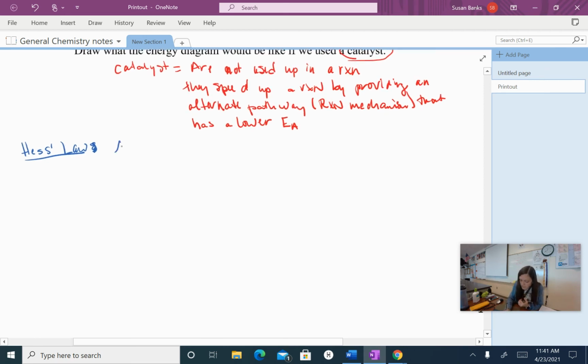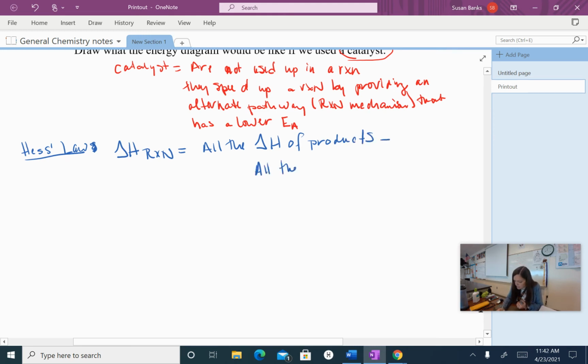So the delta H, or the enthalpy of a reaction, is all the delta H of the products minus all the delta H of the reactants, and these delta H's are heats of formation.